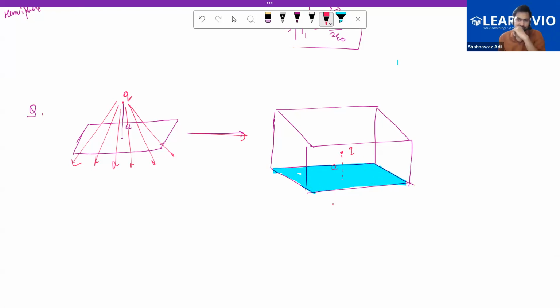Clear? So this has become a closed surface. What would be the flux through this closed surface?